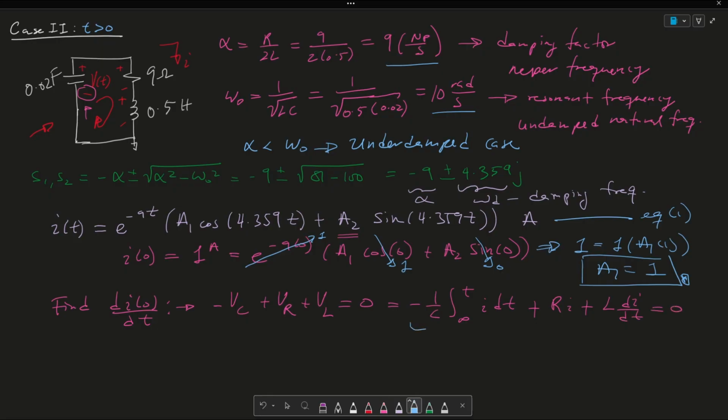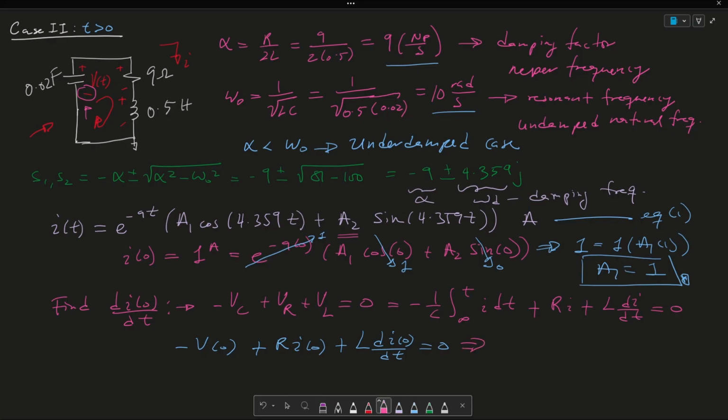So then we can say that the voltage through my capacitor is minus 1 over C integrated from infinity to t of i dt, plus the voltage through my resistor, which is just Ohm's law, R times i, plus the voltage through my inductor is L di over dt, and this is equated to 0. We know that this voltage here has an initial condition V of 0, right, from our previous slide. So then we can say that minus V of 0, because that's the initial voltage through my capacitor, plus R times i of 0 plus L di of 0 over dt is equated to 0.